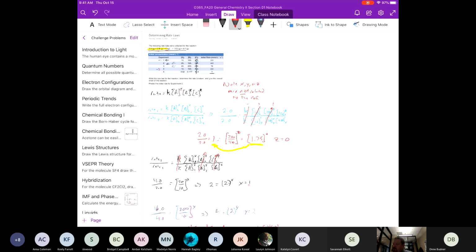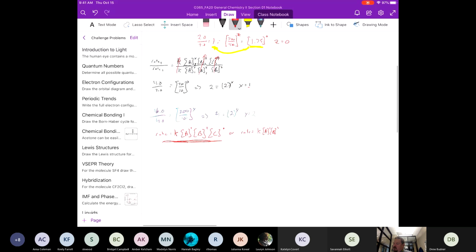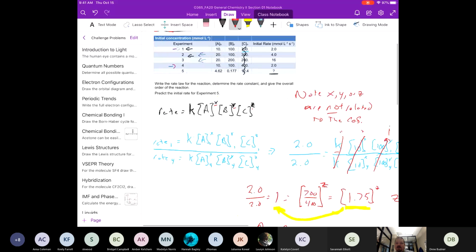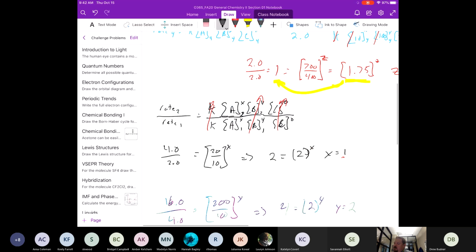The second part, we have to determine the rate constant. Right, so we can pick any of these experiments. Now we know the rate, we know the concentration, and we know the orders. So the only unknown in this now is this rate constant K. So let's pick experiment 3, just because it's Thursday.